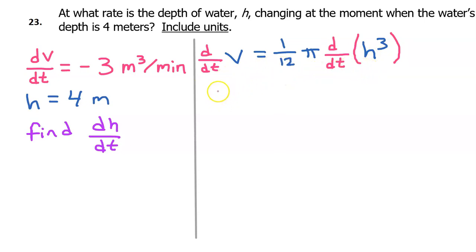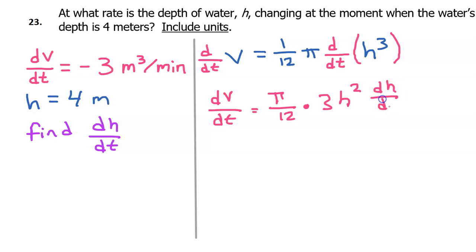On the left side, we have dV/dt, and then we have the constant, which I'm just going to write as pi over 12. The derivative of h to the third power is 3h squared. Because the variables do not match, we have to do the chain rule and multiply by the derivative of the inner function, which is dh/dt.